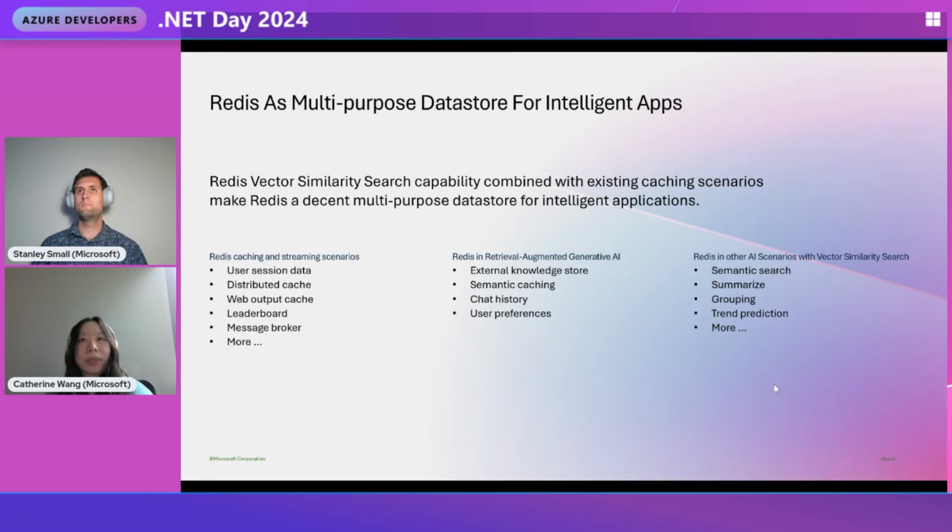For example, you can recommend a similar item to one a user has purchased in an e-commerce shopping web app. And there are current scenarios for caching, like user session and state data, distributed caching, output caching, and so on, which can all be incorporated into your intelligent application, making Redis a multi-purpose data store for intelligent apps.